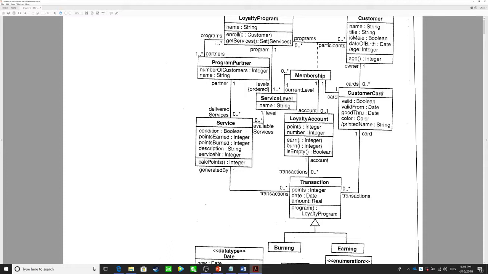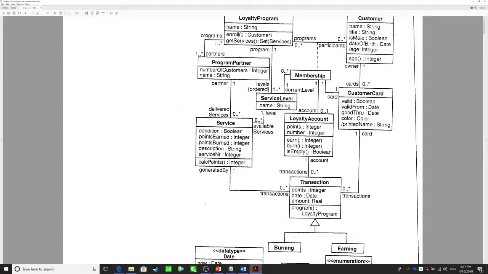So burning transaction is the transaction where you spend money. So you burn the money, okay? And earning transaction. So both earning and burning are subclasses of a transaction. The difference is burning is you spend, earning is you get those points into your account. And this transaction will change the points in the account.